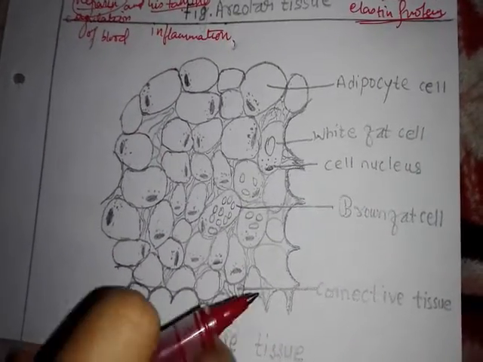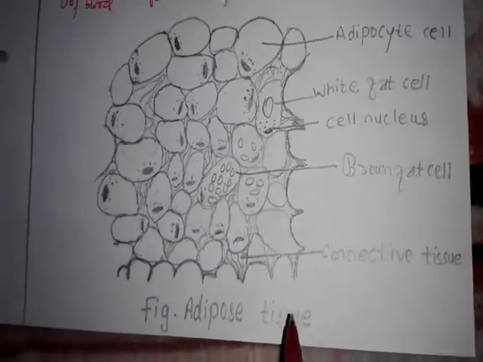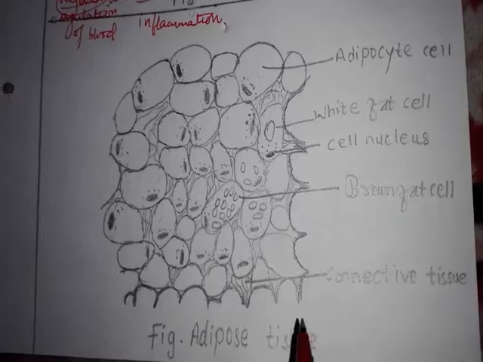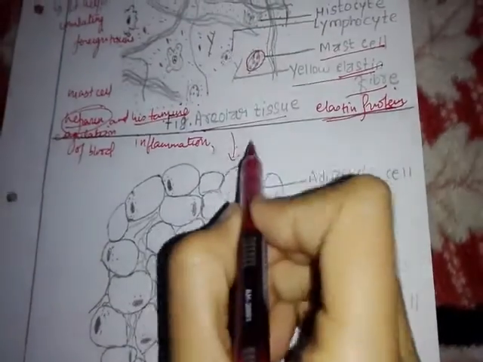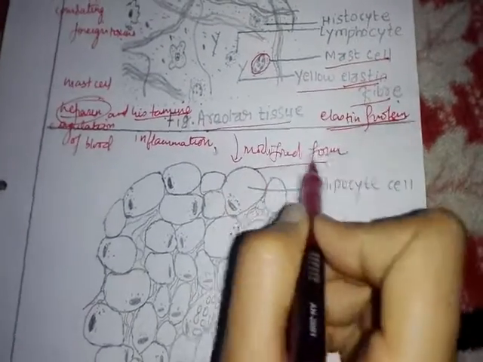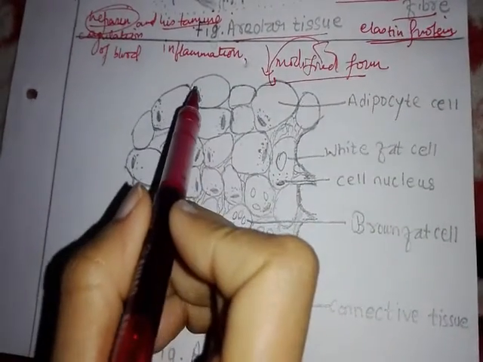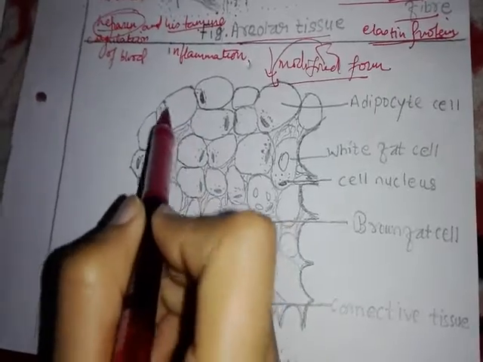Now we are going to discuss the last one, that is adipose tissue. It is also a type of loose connective tissue which is the modified form of areolar tissue. The cells are rounded or polygonal with a thin layer of cytoplasm.